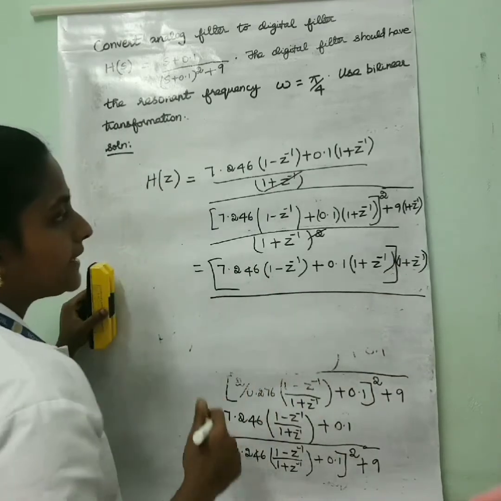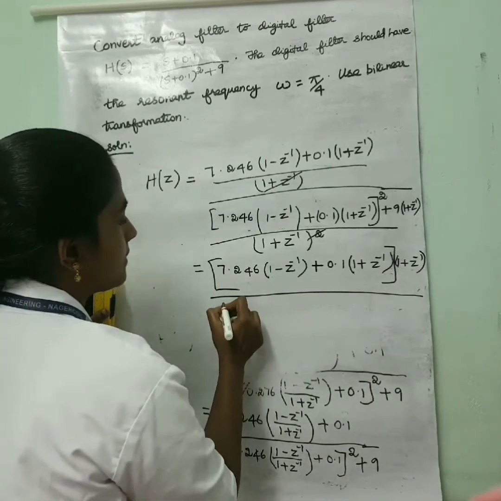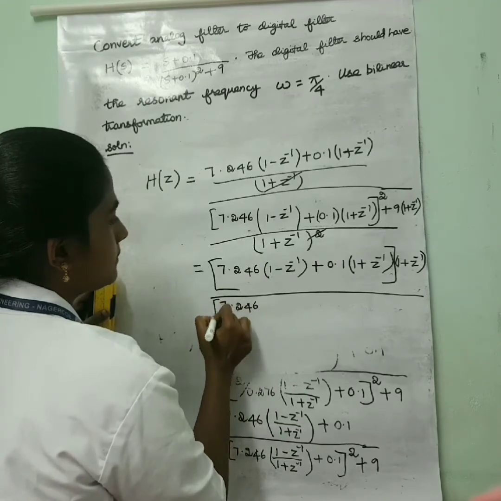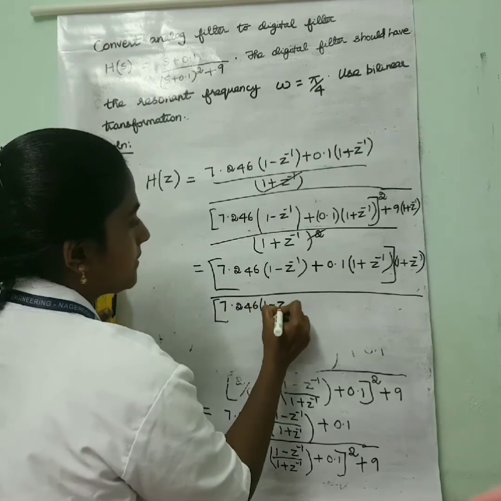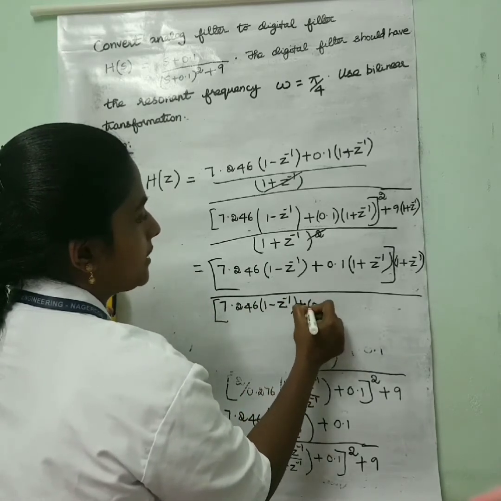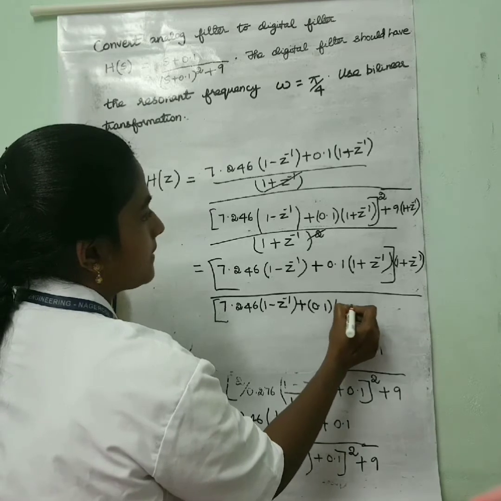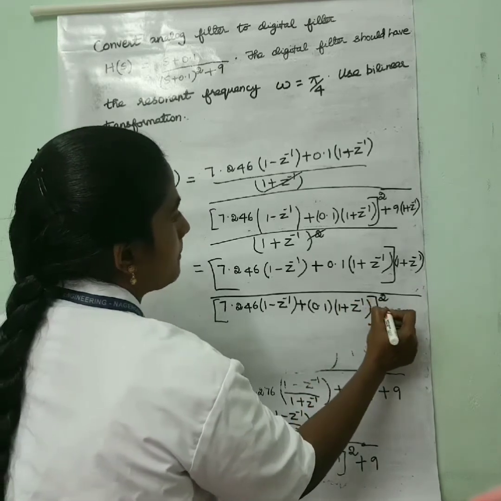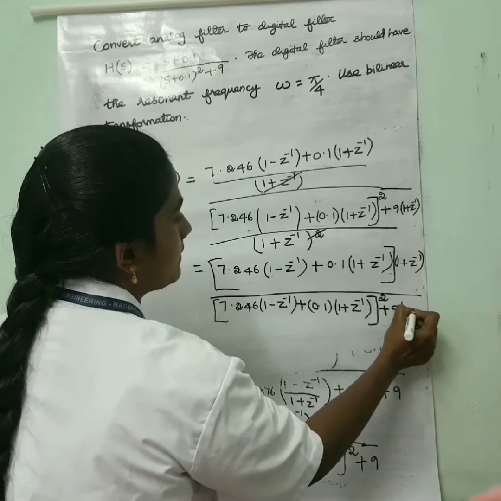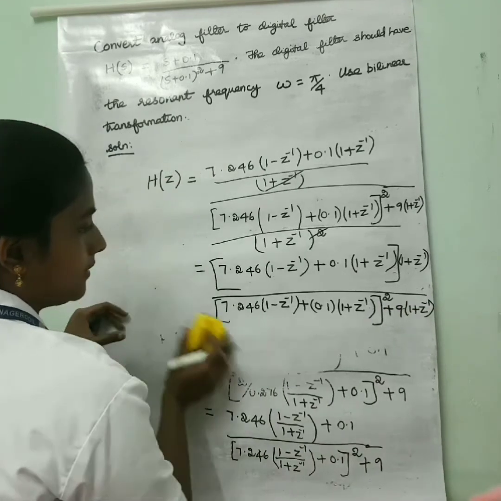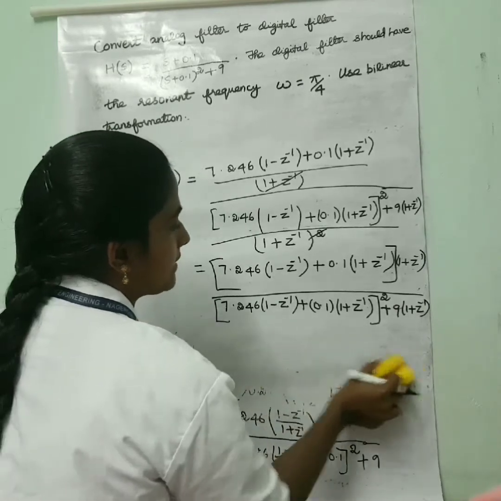And in the denominator, you can write it as 7.246 into (1 minus z power minus 1) plus 0.1 into (1 plus z power minus 1) the whole square, plus 9 into (1 plus z power minus 1). Now you can simplify this equation.